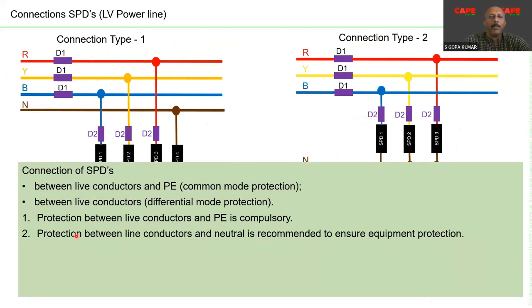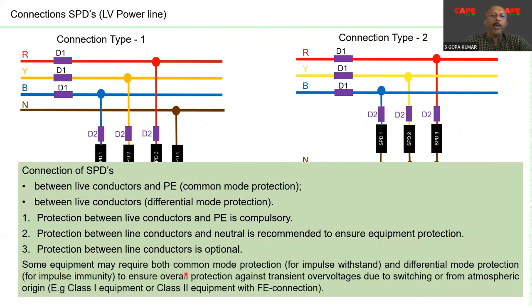Most often in a larger building, your equipment is further inside the building. So connection type 2 is probably required near your equipment. Now, protection between line conductors is optional.